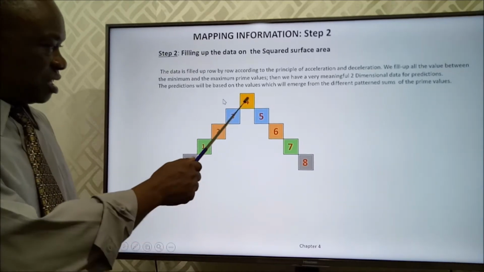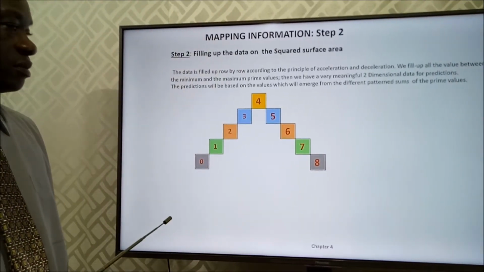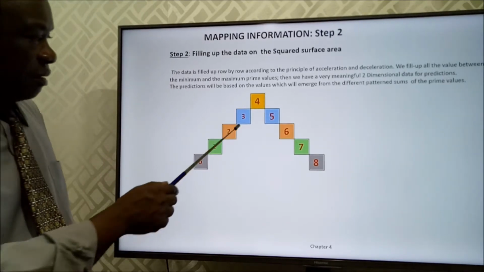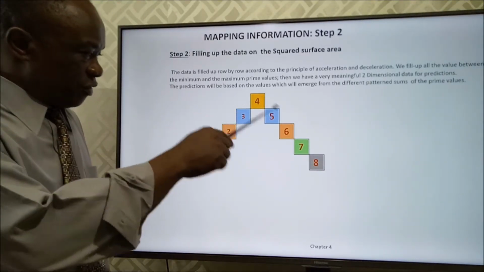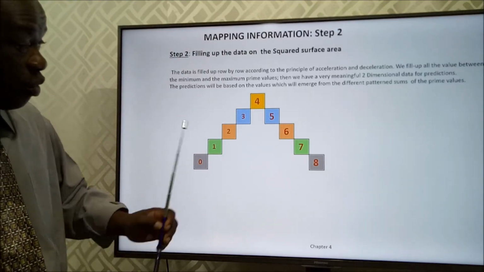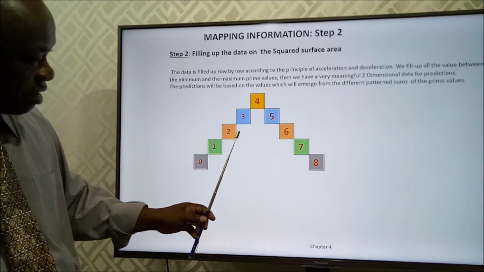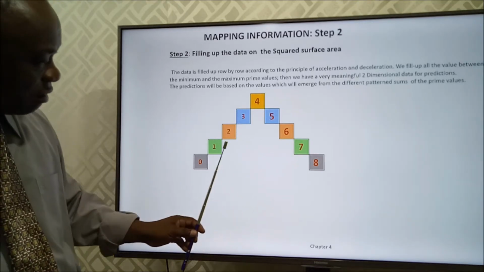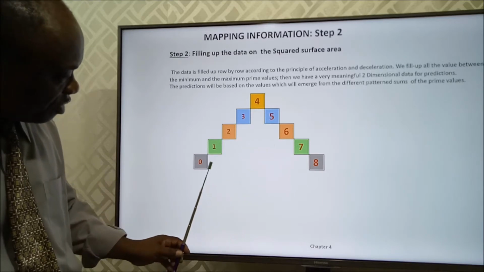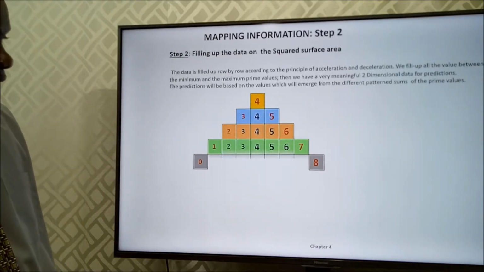We have first this. Number 4 is our master number. Then we have accelerated and decelerated on one side. Then now we fill up the data. Here is missing one value, as you see. Here will be 3, here will be 5 and 7, and let's fill up that.